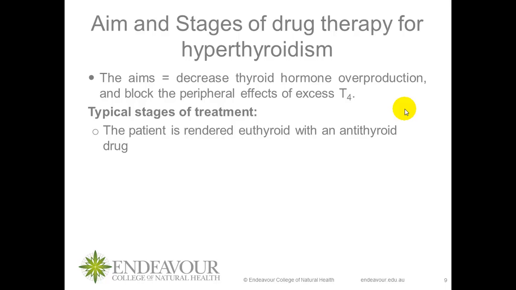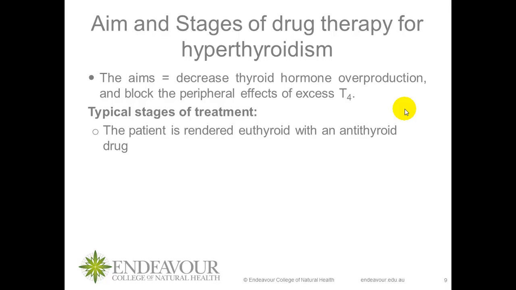Because the person is hyperthyroid, first of all, they have to be brought back to normal physiological homeostatic ranges. A term that's used is that they need to be euthyroid, so a well-functioning thyroid instead of an over-functioning thyroid.